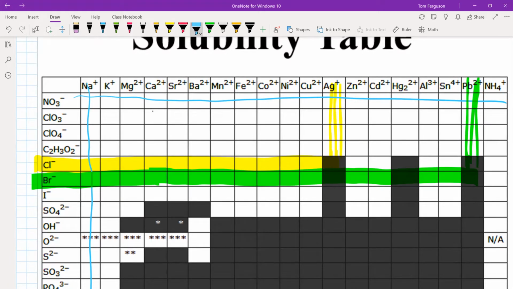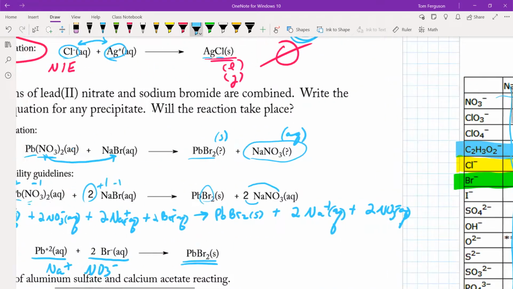Okay, so we have acetate and aluminum, and soluble, no solid, white, okay?